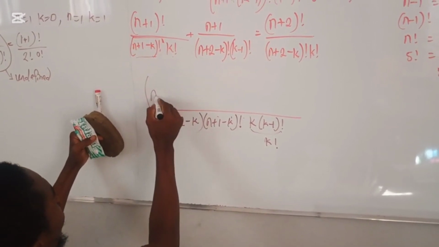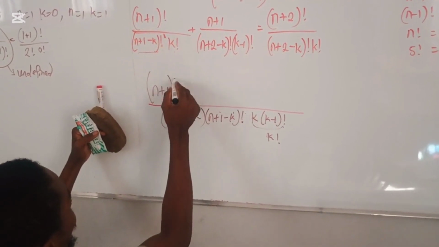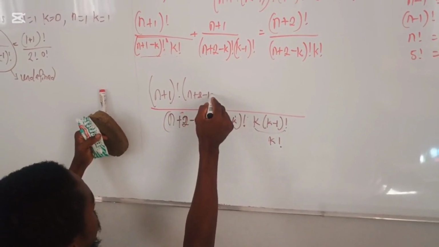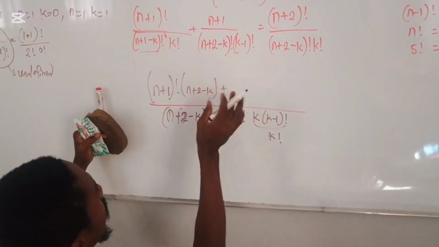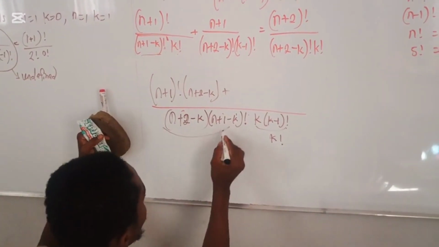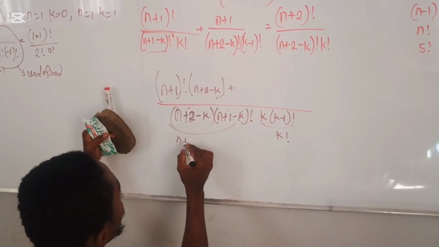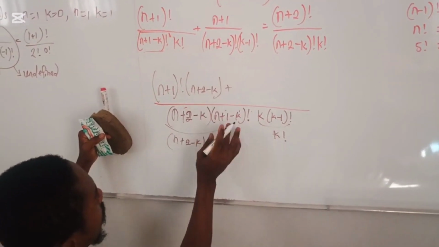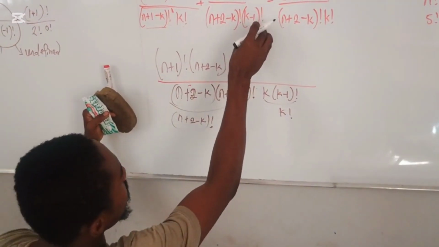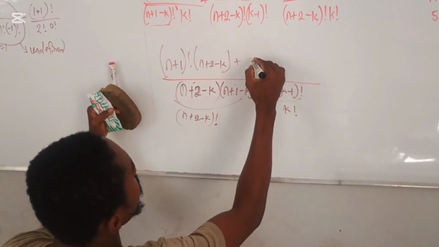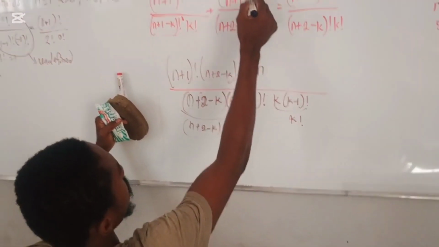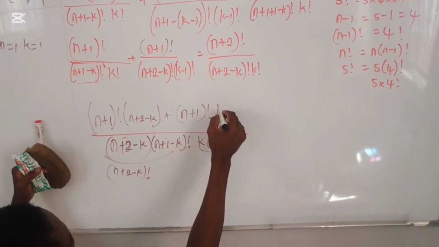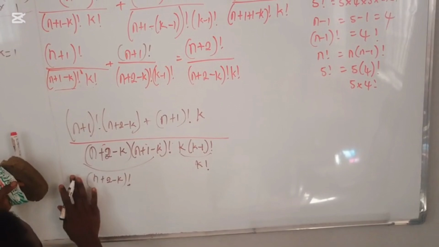So I have n plus 1 factorial into n plus 2 minus k plus, now the whole of this one here is equal to n plus 2 minus k factorial. So this one is only k. When I divide, I have only k. So this is n plus 1 factorial multiplied by k.